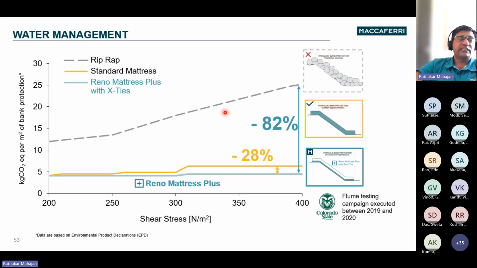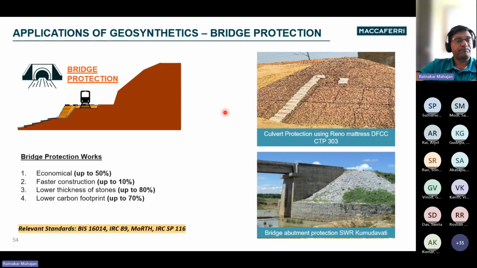In terms of carbon emissions, if we compare riprap with Reno Mattress Plus, we are looking at around 82% lower carbon footprint. And compared to standard mattresses, we are looking at around 28% carbon footprint saving.